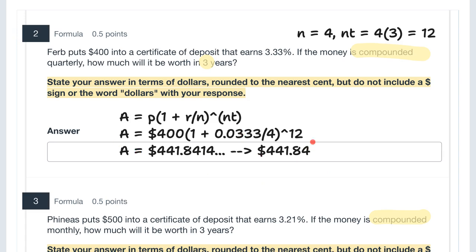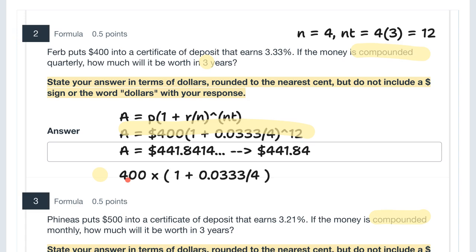So let's really quick take another look at how we type that into our calculator. I am literally typing 400. Then I hit the times key and I open parenthesis, 1, the plus key, 0.033 divided by 4, close parenthesis.